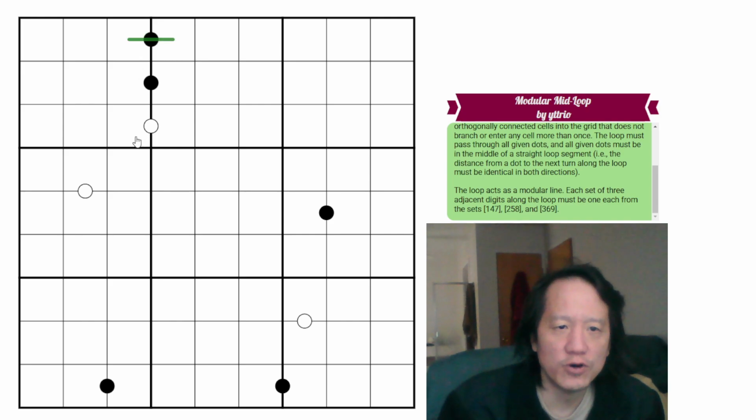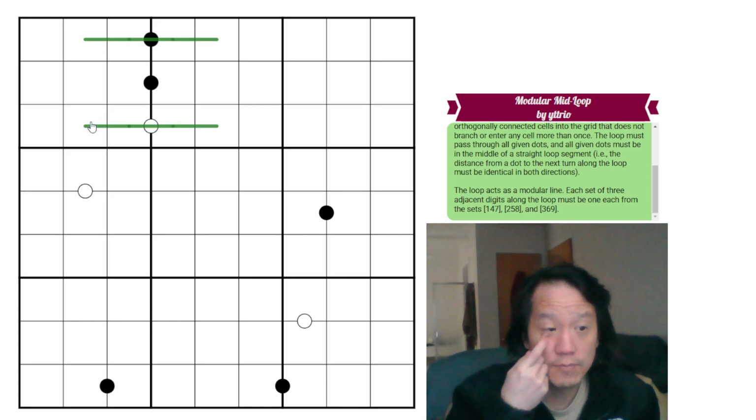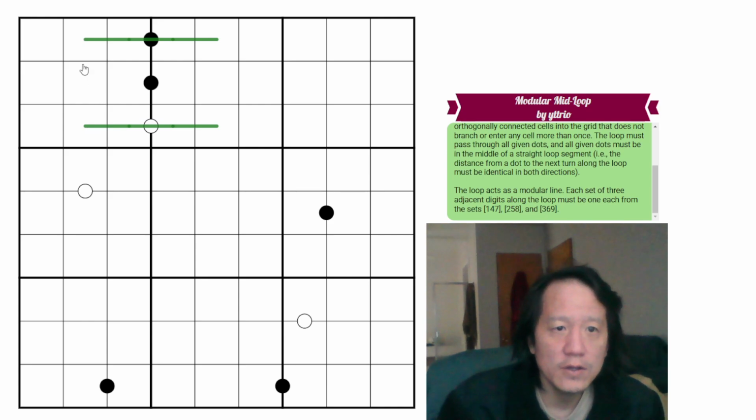Even if we try 1 and 1 or whatever on this, it has to go that way, which means this one connects that way, and then that creates a problem there. What about 2 and 2? If we have 2 and 2 here, this has to go here. What about this?